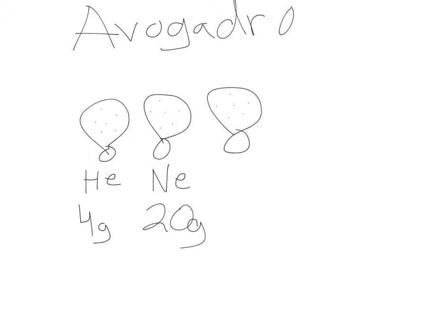And then if you go over to the next balloon in line, and let's say this next gas in line is argon, and you fill it up to the same size as the helium and the neon balloons, you will have a 40-gram balloon of argon.